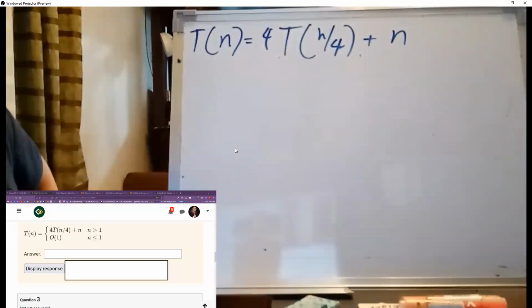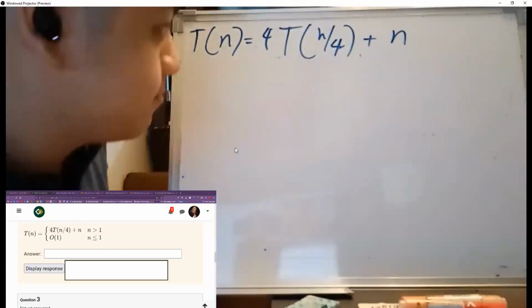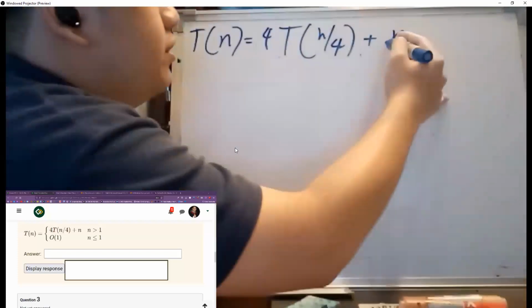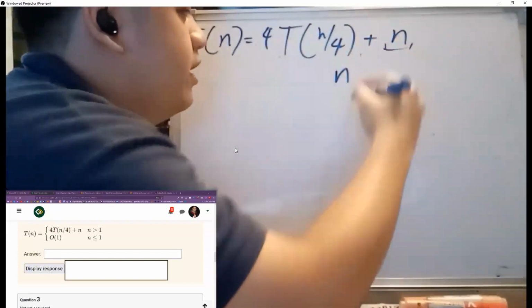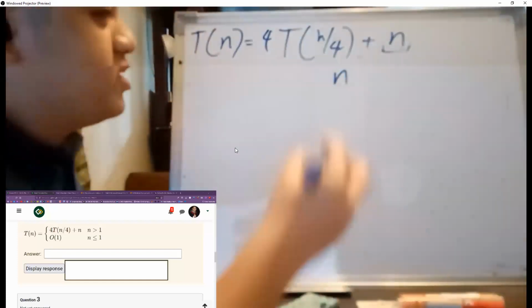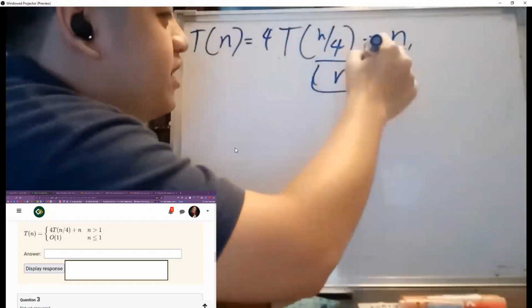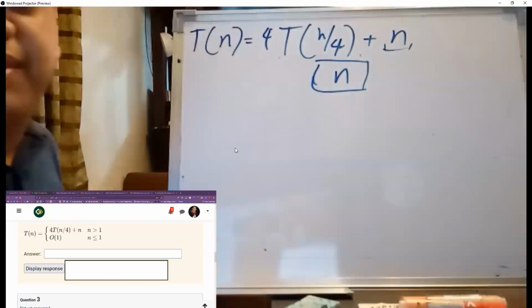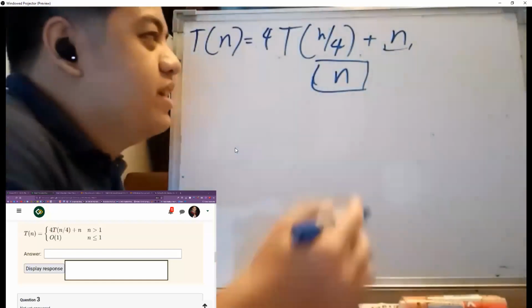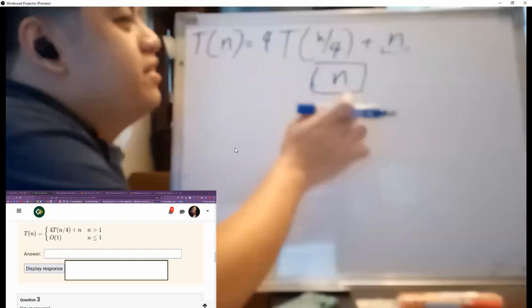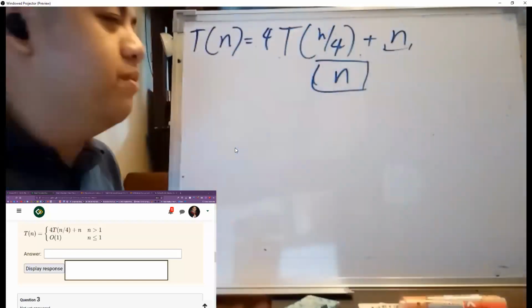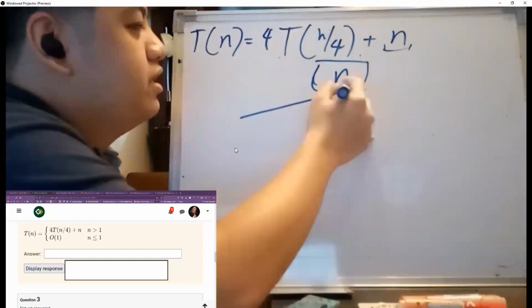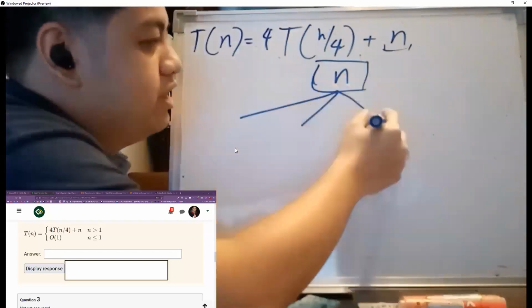Kasi ayun, if gagamitin natin yung recursion tree, we start with yung f of n natin na n. Pwede yung lagyan ng extra squares, circles, or whatever. Basta maging clear kung ano yung magkaka-level. So si T of n, gagawa siya ng 4 na T of n over 4. So 1, 2, 3, 4.